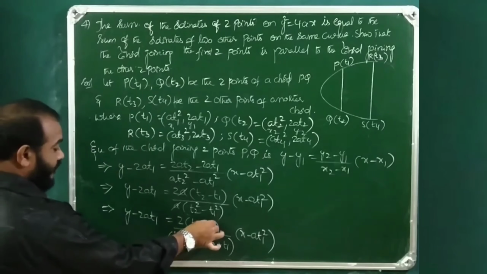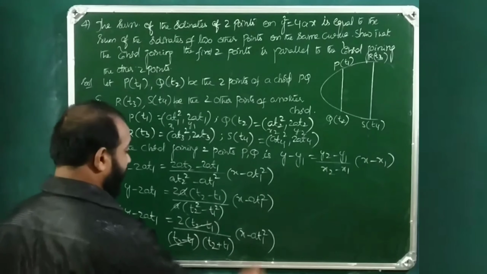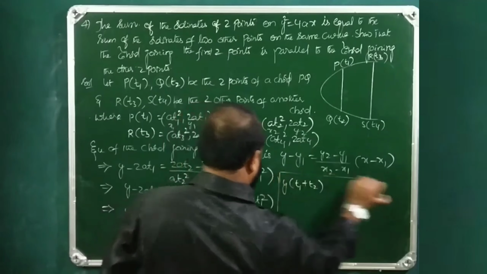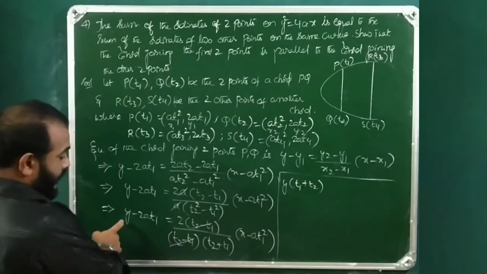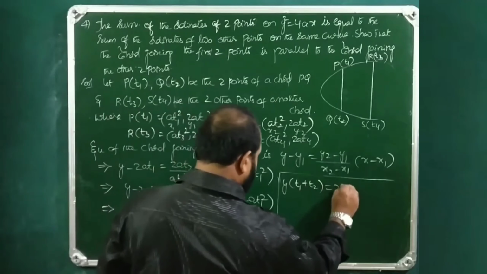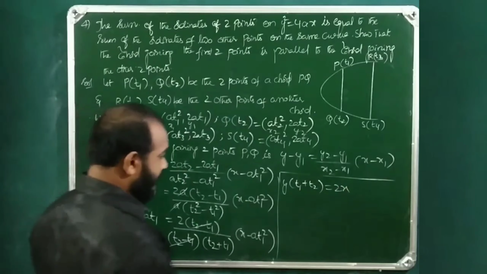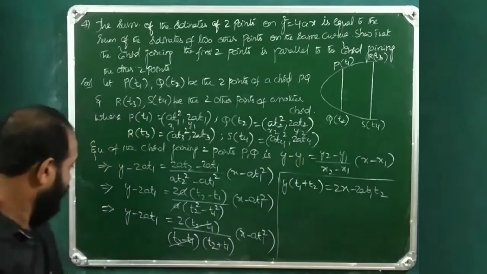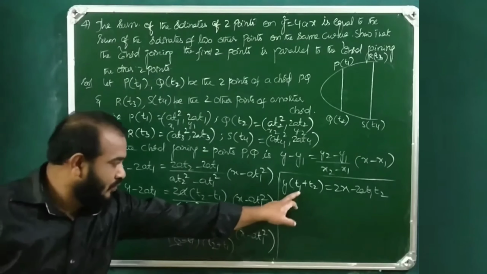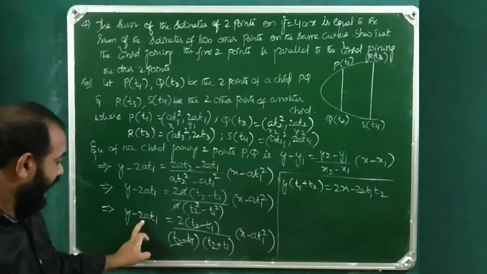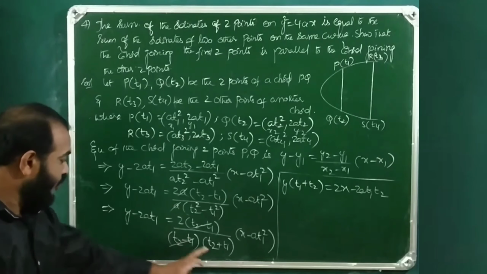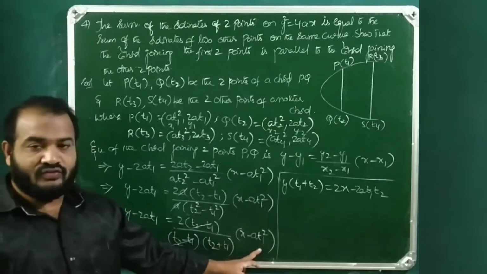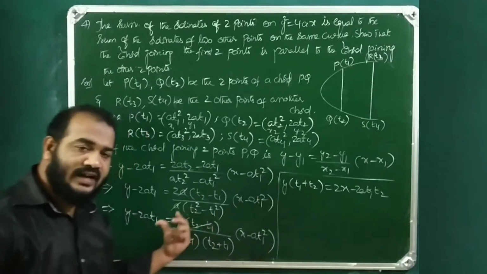So t2 minus t1, t2 minus t1 gets cancelled. Therefore, we get y into t1 plus t2 is equals to 2x minus 2a t1 square, and minus 2a t1 square on LHS and RHS gets cancelled.